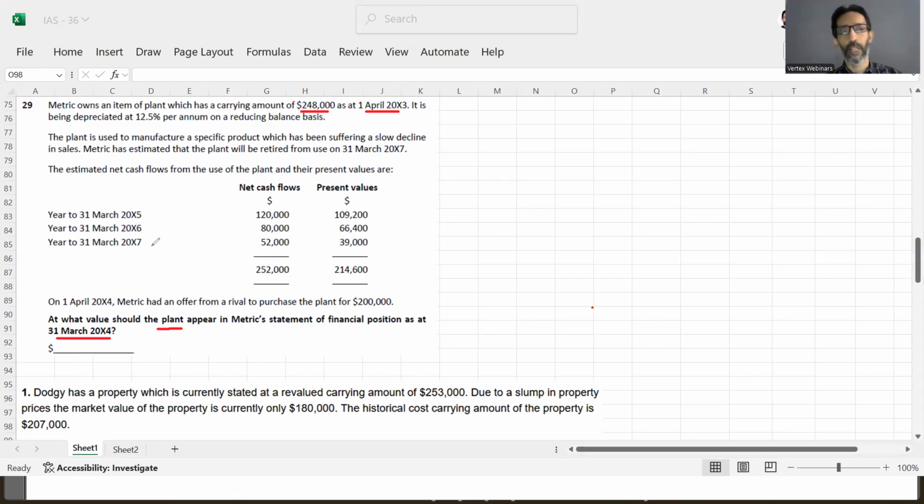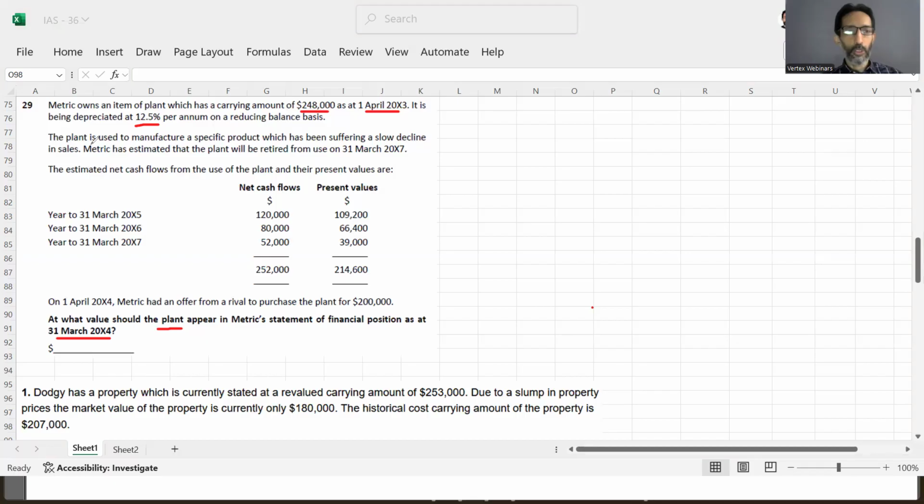So clearly we will have to have depreciation for 1 year to calculate the carrying amount. We have the opening carrying amount available. It is being depreciated at 12.5% per annum on reducing balance basis. So they have also provided us the depreciation method, and we're just going to charge the depreciation and get the carrying amount. Now the information is for the calculation of the recoverable amount.